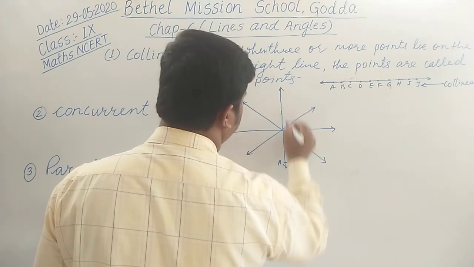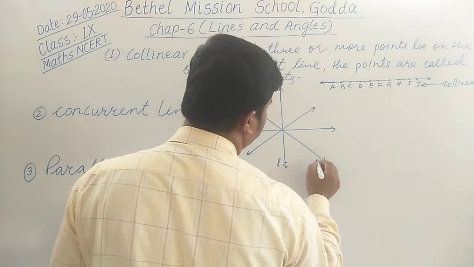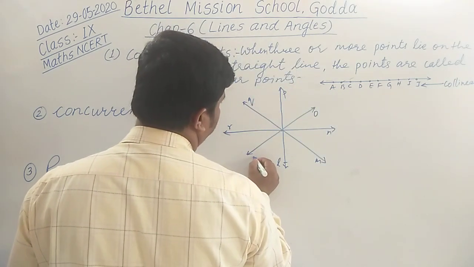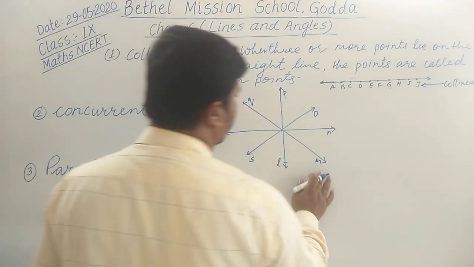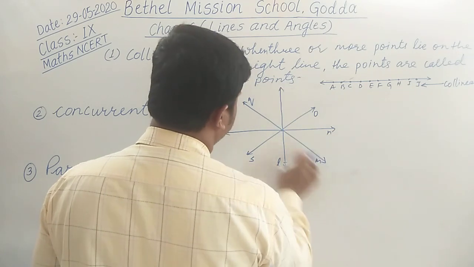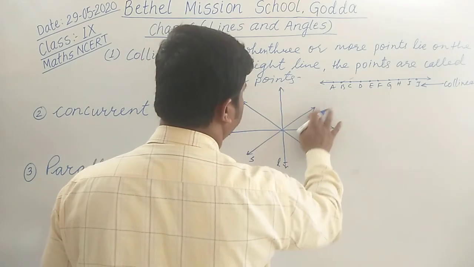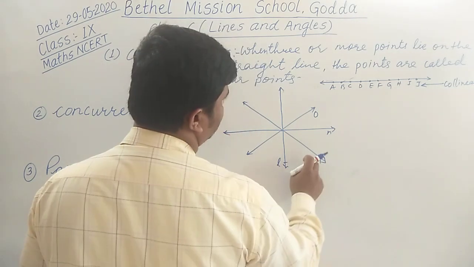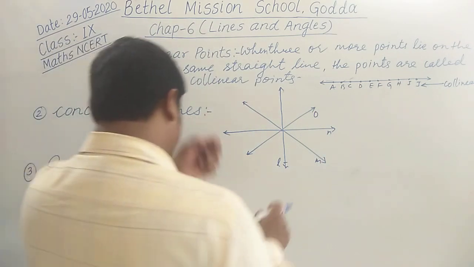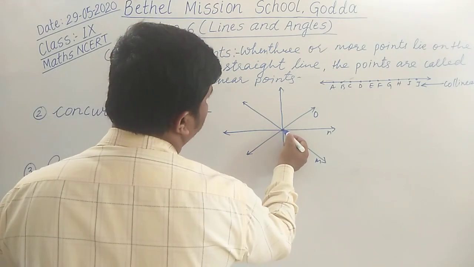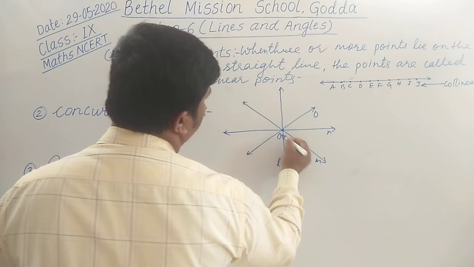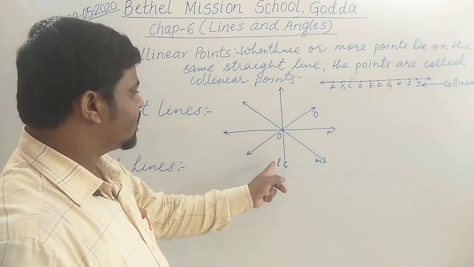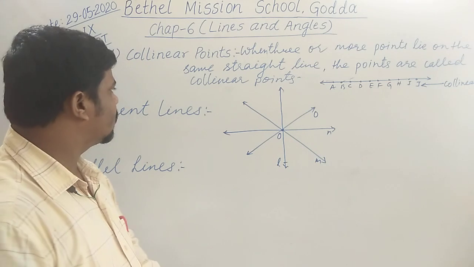You can see, I can label them line L, M, N, O. This line is L, this is M, this line is N, and this is O. 1, 2, 3, 4. 4 lines are there, and they are passing through this point, suppose O. That's why these lines L, M, N, and O are called concurrent lines.